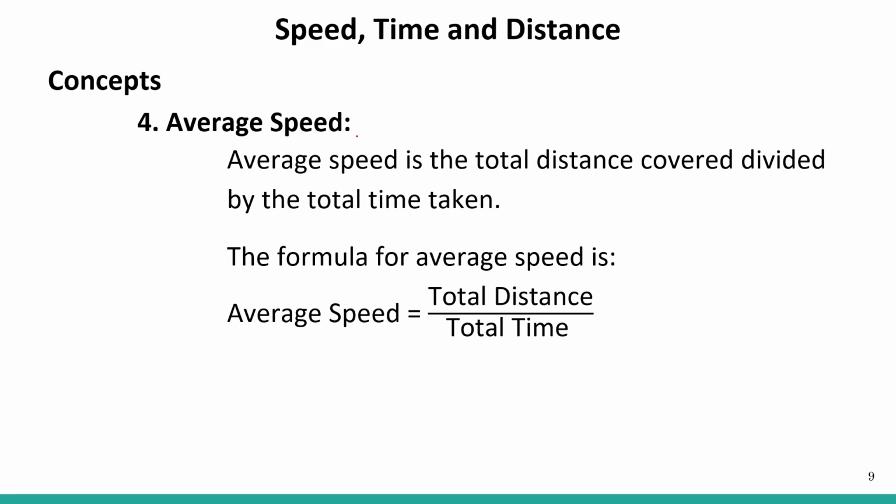Let's see the concept of average speed. What is average speed, and how is it different from normal speed? Suppose you were going from city A to city B. For the first half of the distance, you had a 45-degree upward slope.